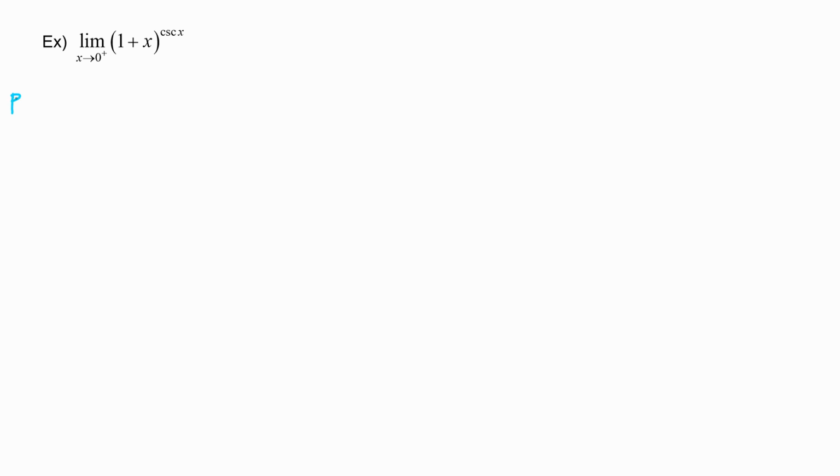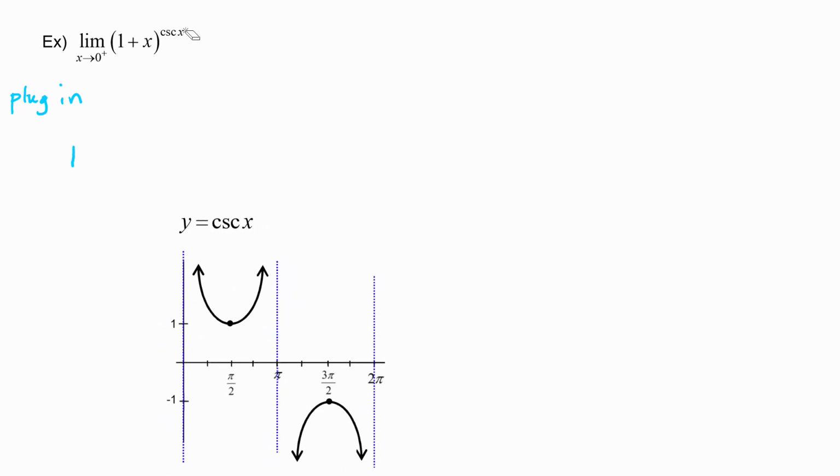So when we plug in our limit value, of course this base is going to be 1 plus 0, which is 1. Now the exponent would be cosecant of 0 from the right. So on the graph of cosecant, coming into 0 from the right, the graph is going to positive infinity at that vertical asymptote.